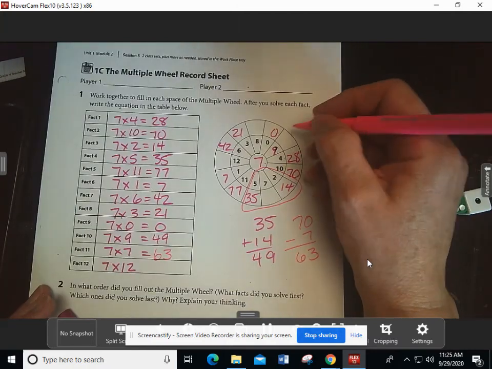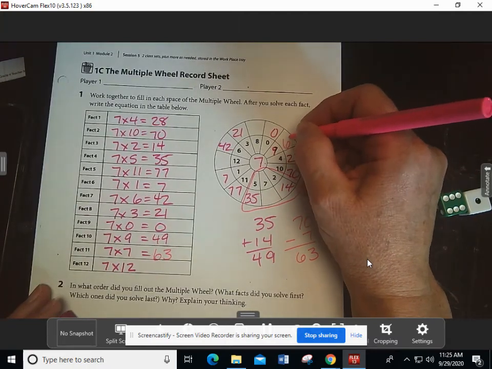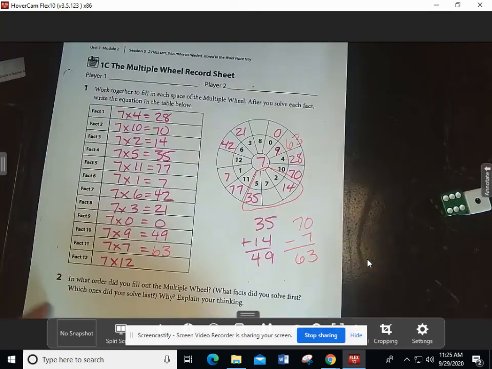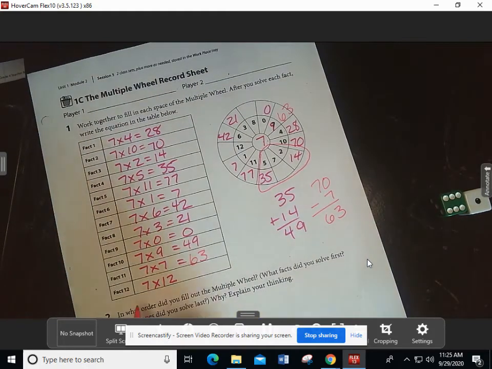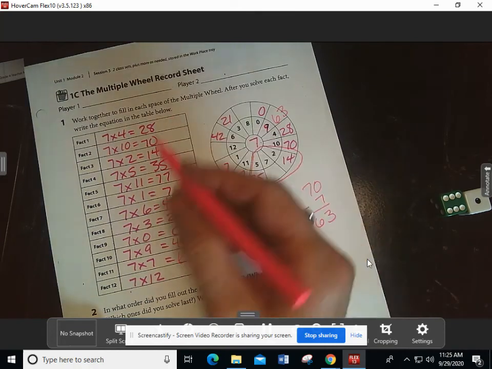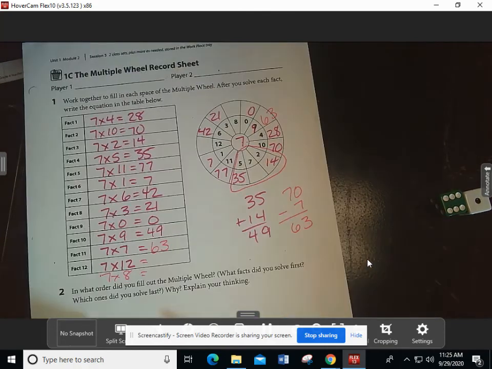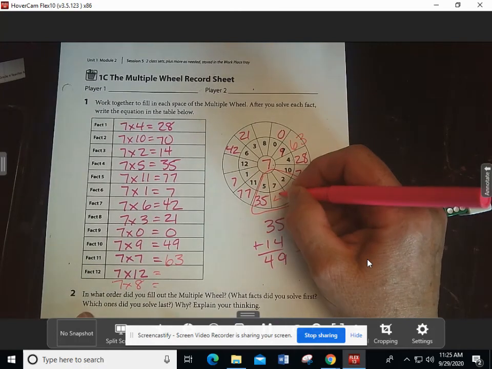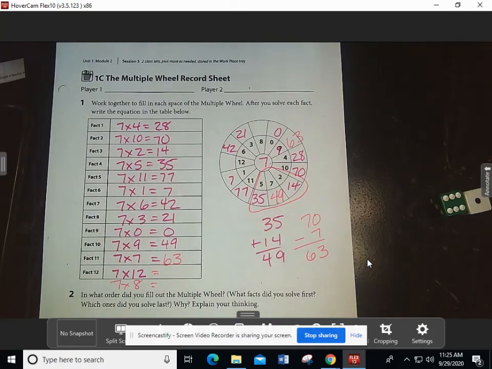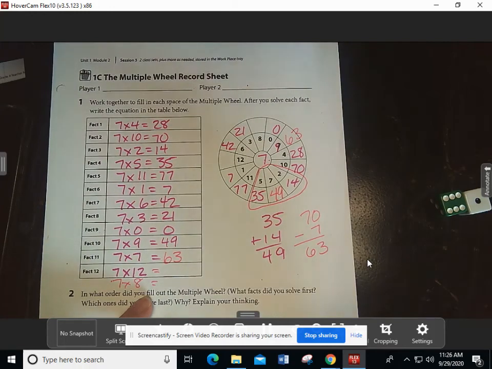So we've got this one figured out. And we don't have 7 times 8 on here. So now that we know what 7 times 7 is, can we count by 7s to get to the next number?